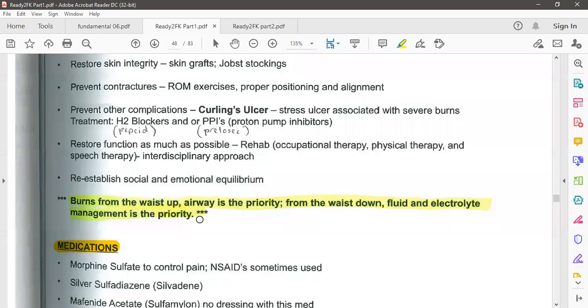Apply the dressing as ordered. Now, medication.